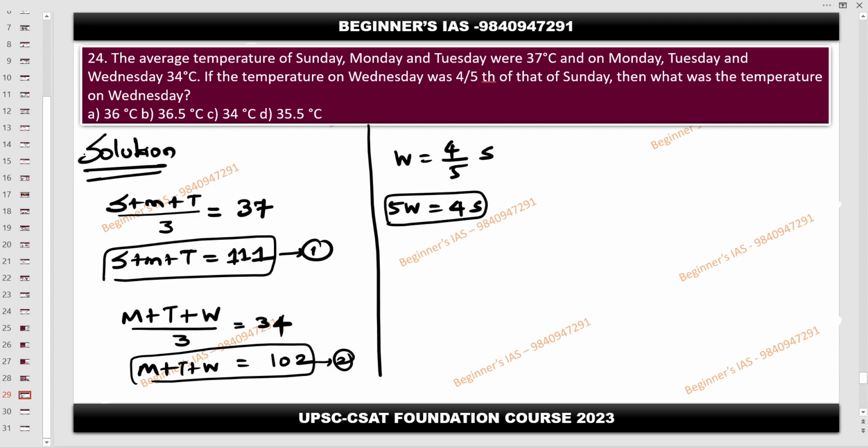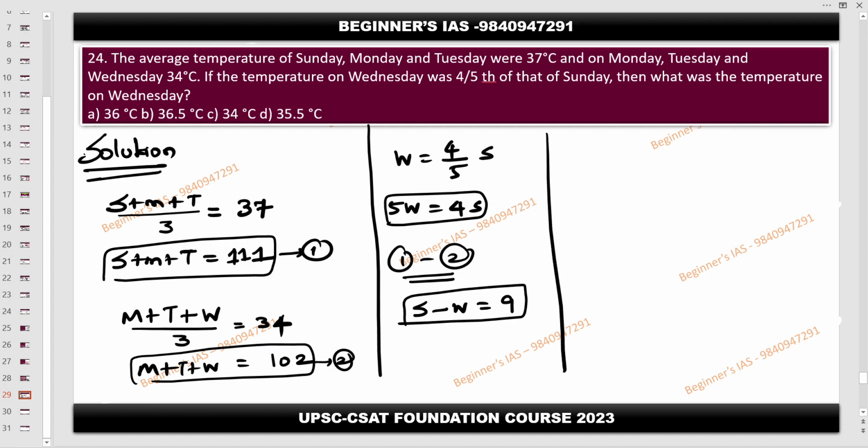So if you eliminate here, 1 minus 2, it will become Monday, Monday cancel, Tuesday, Tuesday cancel, Sunday minus Wednesday, which is equal to 9. Yes, sir. 9. So now we can substitute 4S is equal to W. In order to get the 4S, multiply this with 4.